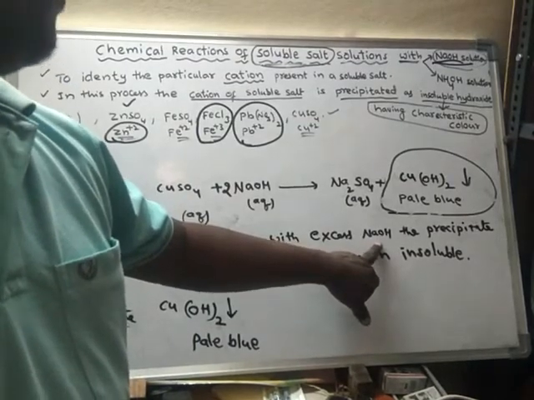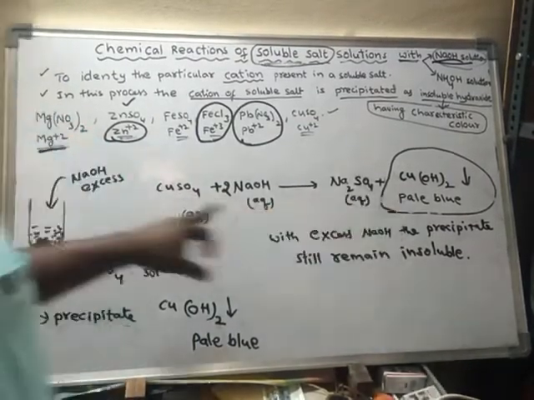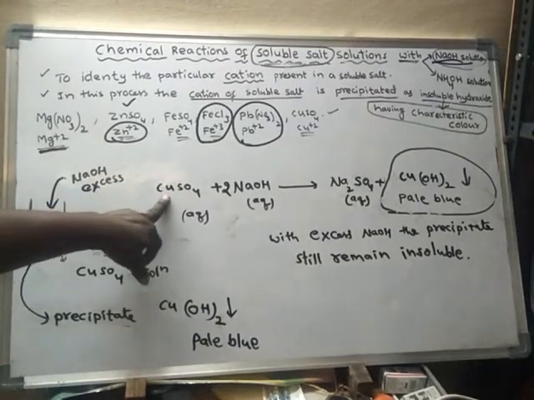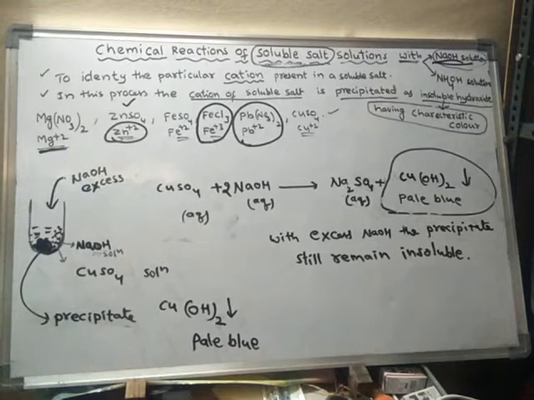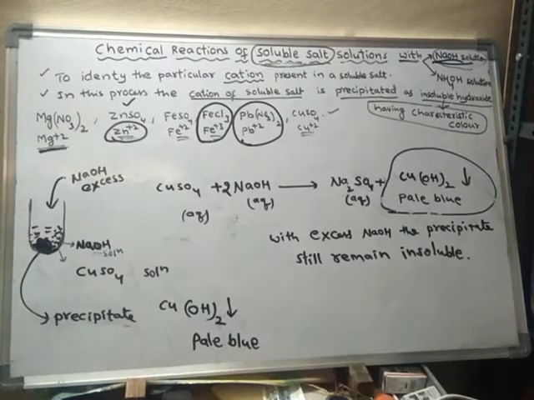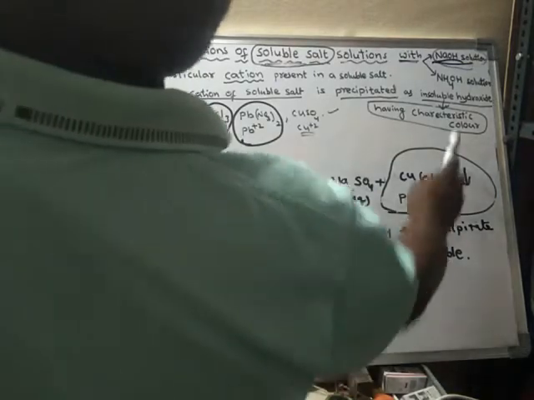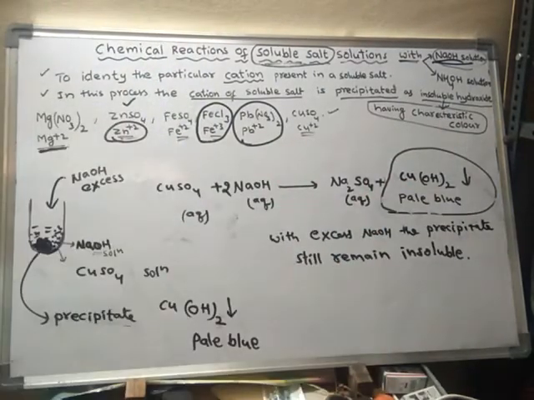So finally we can conclude that the given salt contains the copper plus 2 ion. In this way you can easily identify the cation present in a soluble salt based on the insoluble hydroxide formed during the reaction.